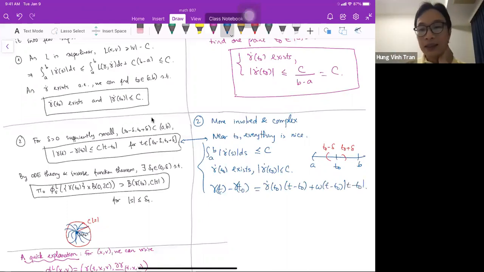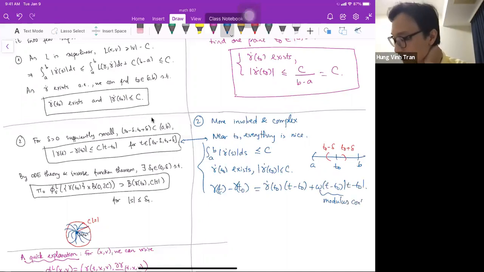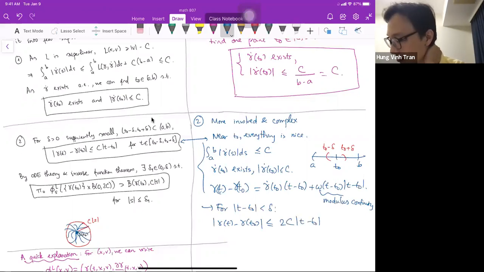Because omega is just a modulus of continuity, which goes to zero as t goes to t naught, by changing the constant c to 2c, for t minus t naught less than delta, gamma t minus gamma t naught is less than or equal to 2c times t minus t naught, and this is written as c times t minus t naught.